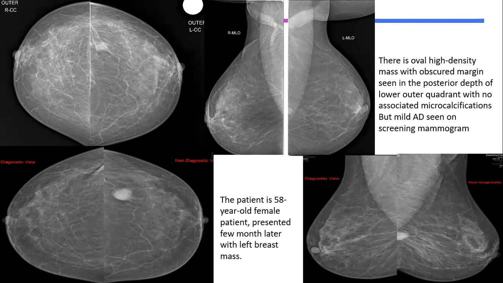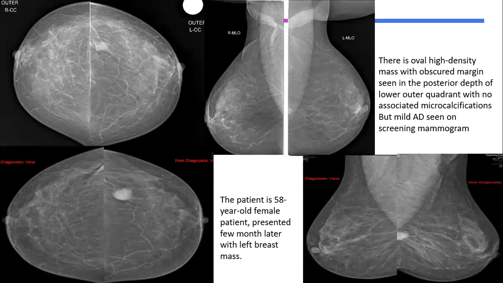But the age of the patient is approaching 60. We have to consider this, and if we concentrate, we might see some ductal prominence here, far behind the nipple, but it can be just a ductal ectasia. But the patient, a few months later, presented with a left breast mass.